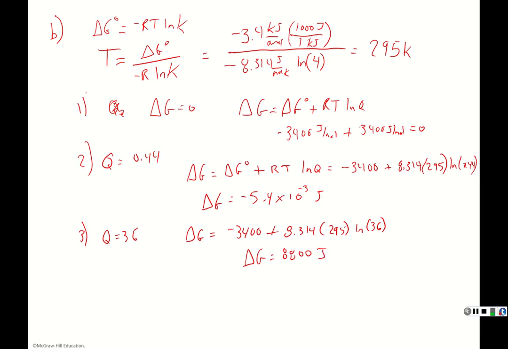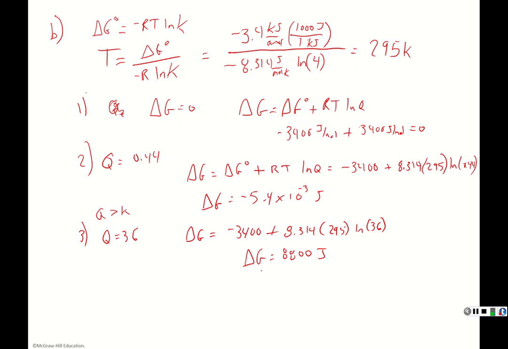Okay, so the question's asking which one of these is the most negative. Well, scene 1 is at equilibrium, it's 0. Scene 3, Q is very large compared to K. K is 4, Q is 36. Q is bigger than K, which means you have too many products, which means the reaction would go backwards.